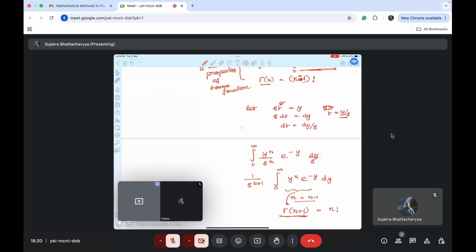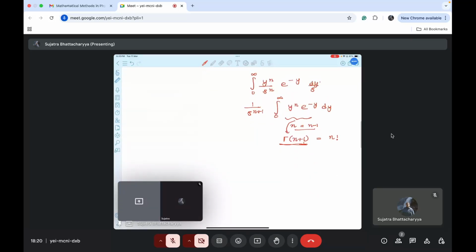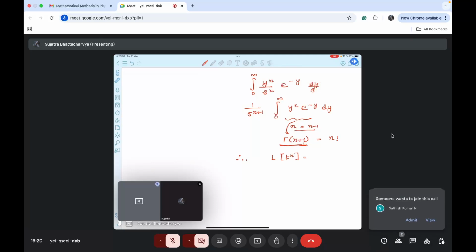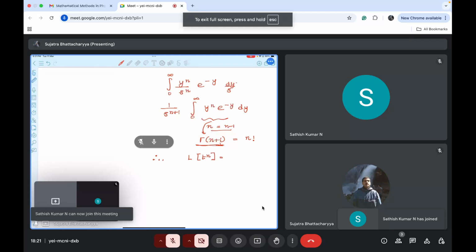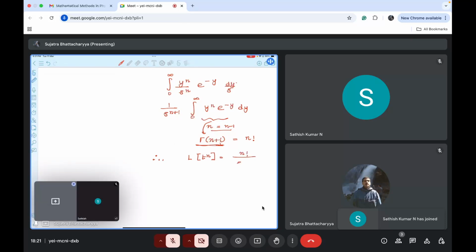Gamma of n plus 1 will be n factorial. Therefore, the result, that is the Laplace transformation of t to the power n, will come out to be n factorial divided by s to the power n plus 1. This is the Laplace transform of t to the power n.